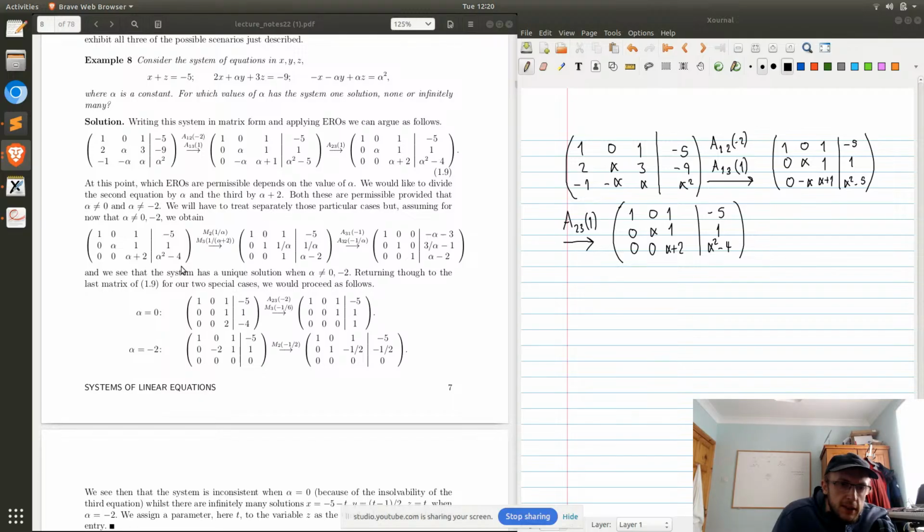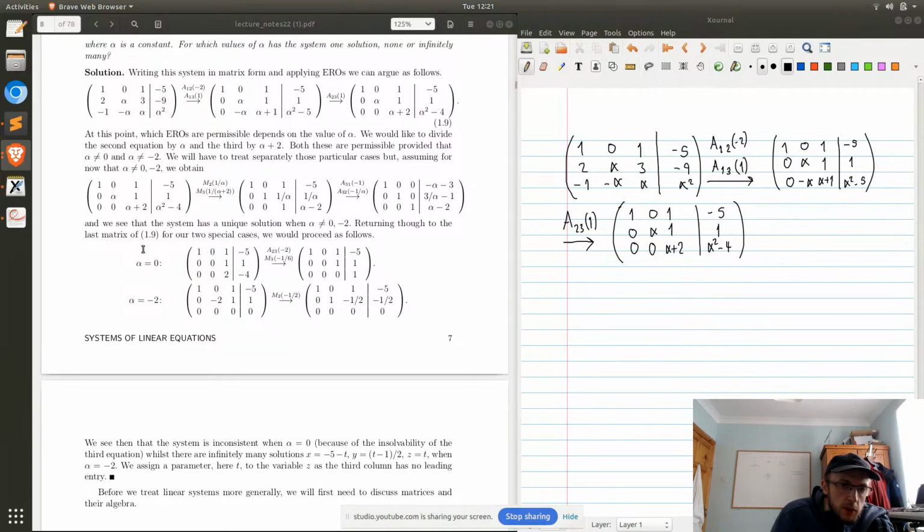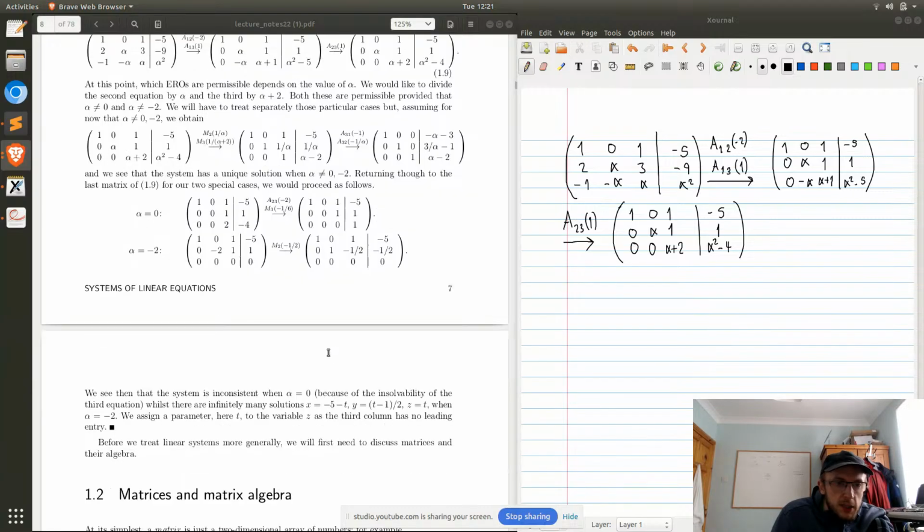Now, if alpha is 0, then you obtain this matrix here. And when you do these EROs, you get this, which has no solutions. When you set alpha as negative 2, you do this, which has infinitely many. Okay, so I wasn't right about the way in which it involves a quadratic, but it kind of did.